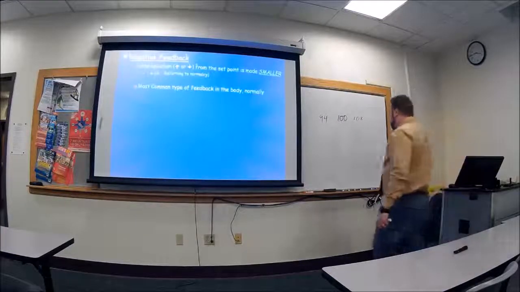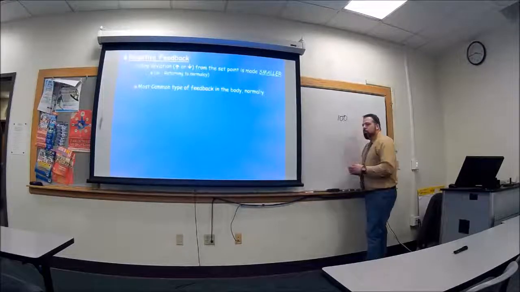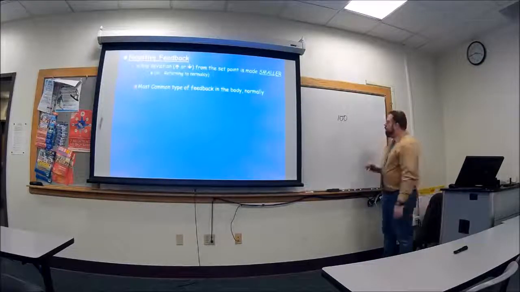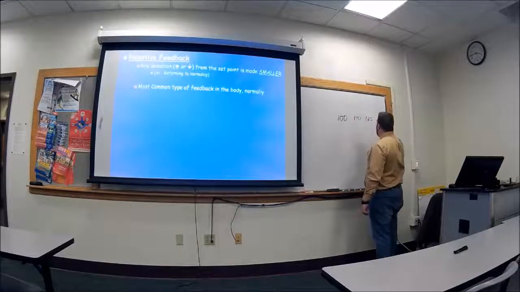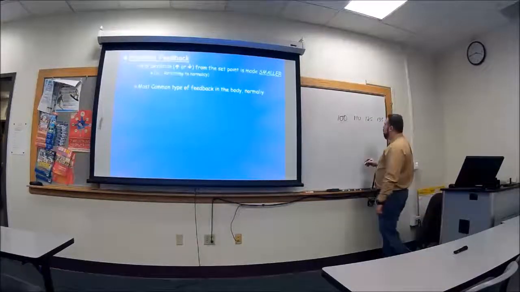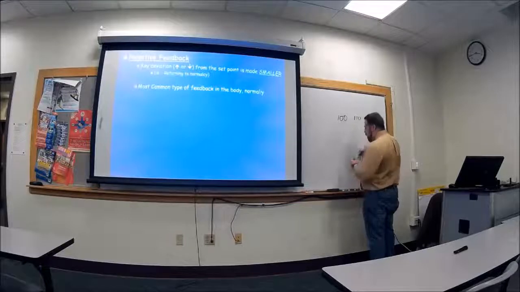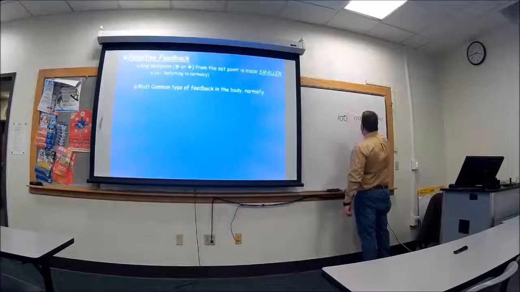So then we have negative and positive feedback. Here, this is negative feedback. Your glucose is supposed to be 100. Now it's at 110. Now it's at 125. Now it's at 135. Well, negative feedback says we're going to bring it back to 100.